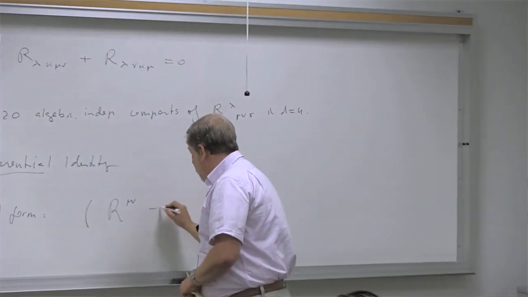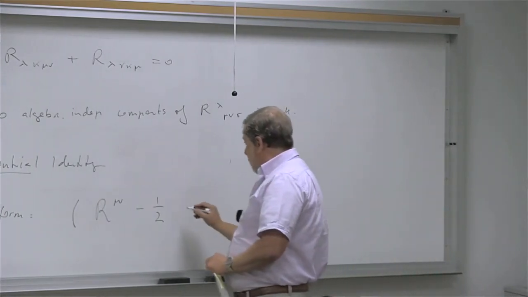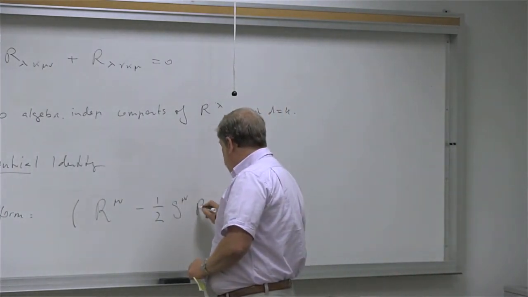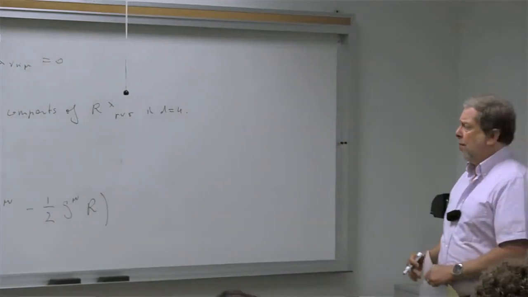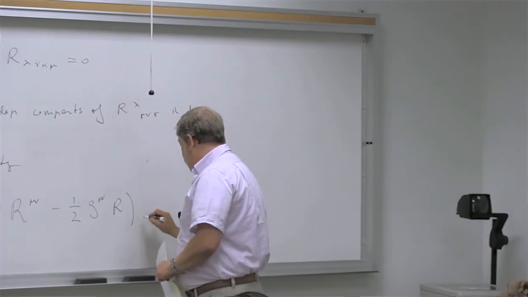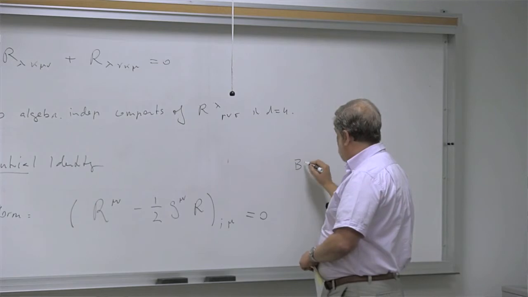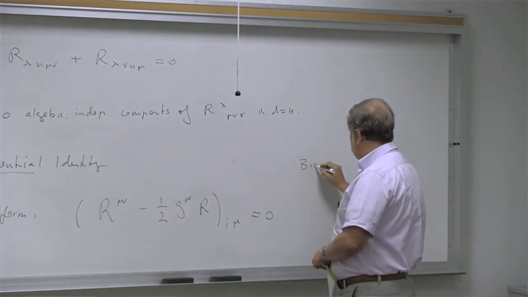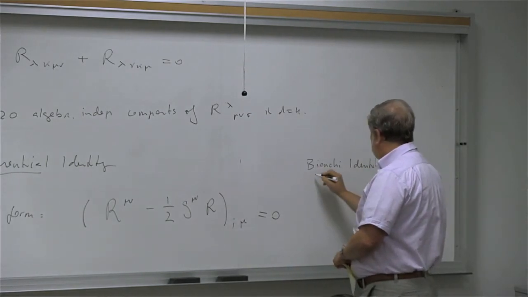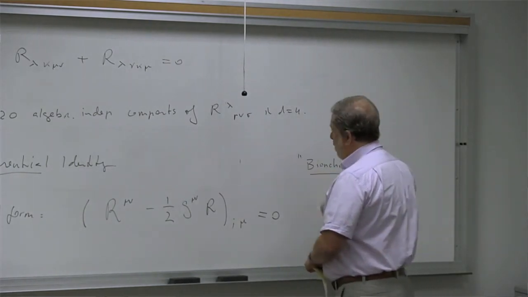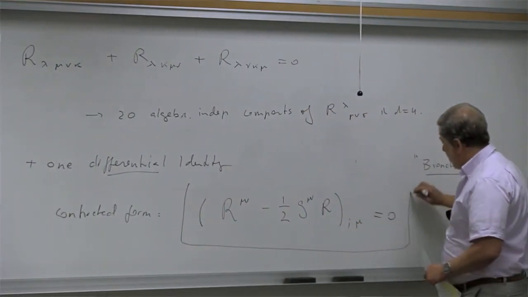And then if you subtract from that the g mu nu times the Ricci scalar, then what Bianchi found is that the covariant derivative of this is identically 0. And so this is called the Bianchi identity. And this will play an important role in the field equations, in fact, in the next lecture.